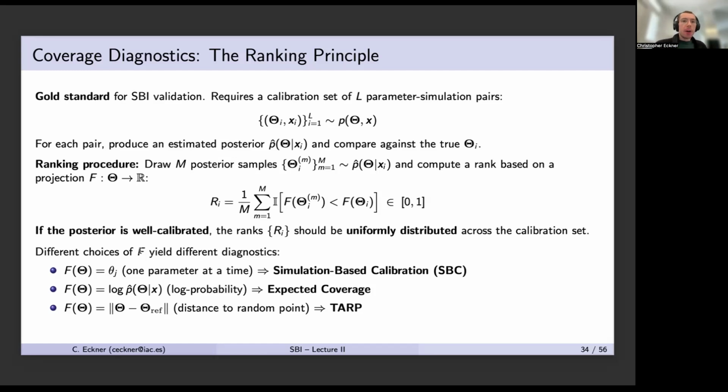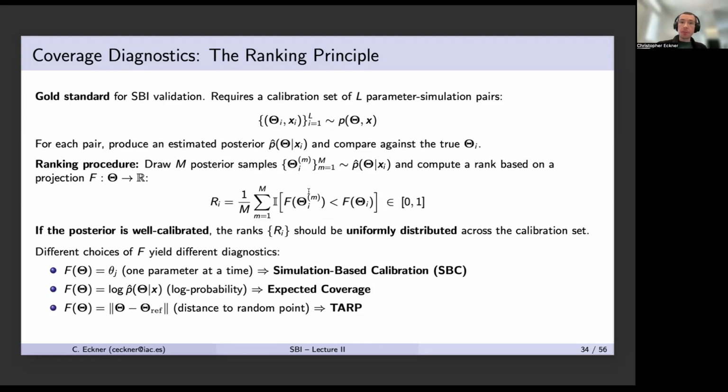For example, you have the choice of saying my projection function f is just one parameter at a time, meaning that you get a simulation-based calibration that tells me per parameter what the overall occurrence is that this parameter is less than the true parameter that I have, and I count this. Then I take the average over all the samples I've drawn, and I have in total L target observations.